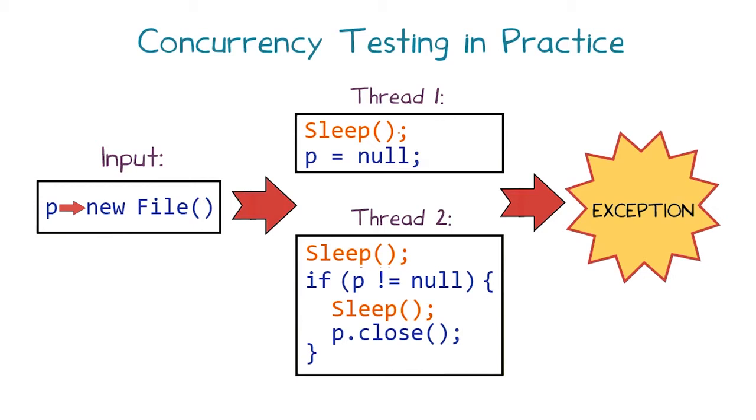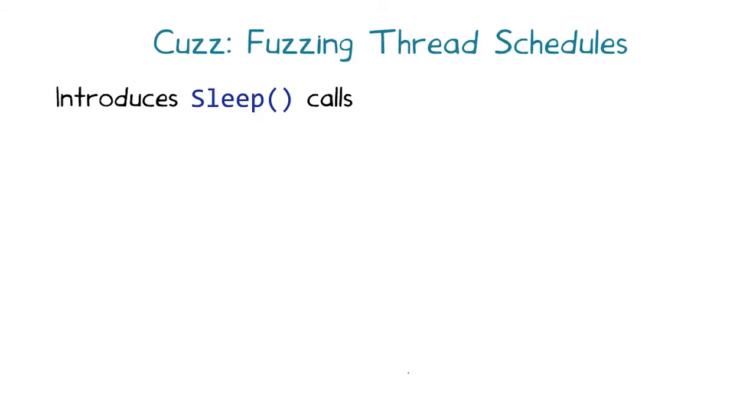Note, however, that unlike in the case of the UNIX fuzzing experiment, where we fuzzed program inputs, here we are fuzzing the thread scheduler. This is the key underlying the concurrency fuzzing tool from Microsoft called Cuzz. The idea behind Cuzz is to automate the approach of introducing sleep calls in order to find concurrency bugs more effectively.